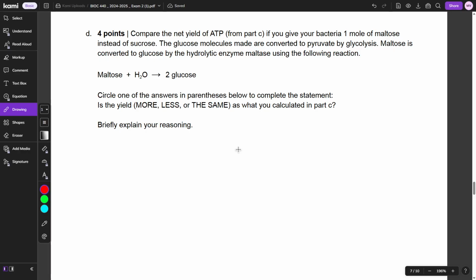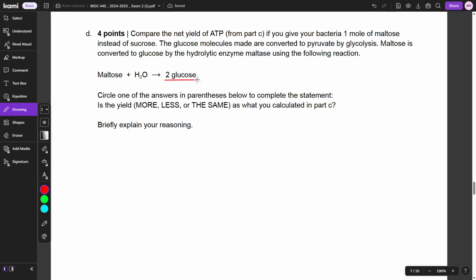Here, we got to compare the net yield of ATP from part C to this new thing that we're making. So glucose molecule converted to pyruvate. Maltose is converted to glucose by a hydrolytic enzyme, and it uses the following reaction. They don't tell me anything about maltose other than the fact that it makes 2 glucose, which is more than enough information to do this question. Every glucose you use uses 2 ATP and makes 4.